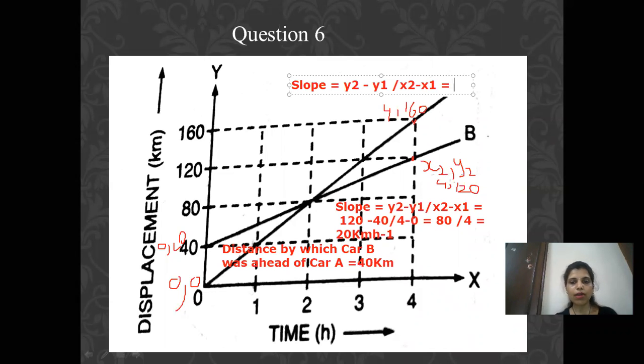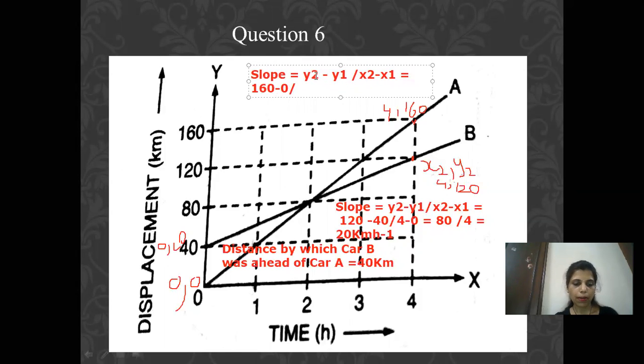So that will give me the value as, if you can see, y2 is 160. 160 minus 0 upon 4 minus 0, that is equal to 160 upon 4, that is equal to 40 kilometer per hour.